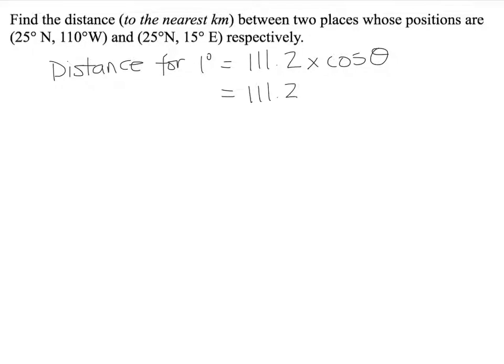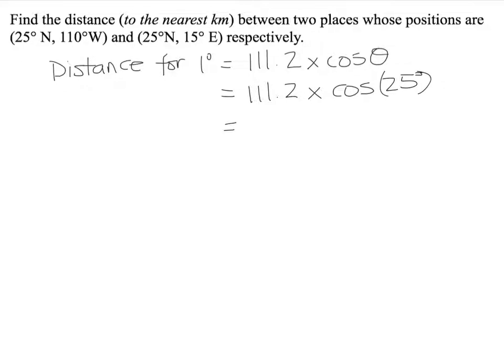So 111.2 times the cosine of, and if you see here, they are both 25 degrees north, and that's because they're on a small circle, so they both have the same latitude. So this will be the cosine of 25 degrees.